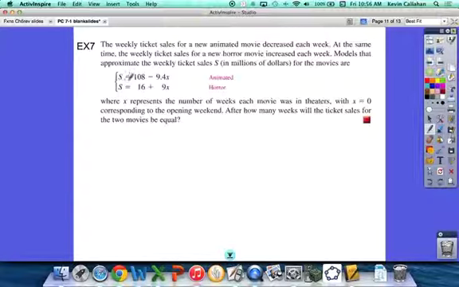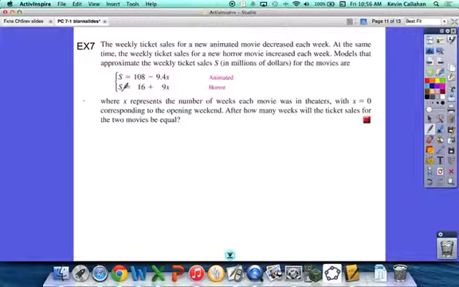So the sales equals 108 minus 9.4x, where the x represents the number of weeks each movie was in the theater. And this one is for the horror movie. We want to know, after how many weeks will the ticket sales for the two movies be equal?